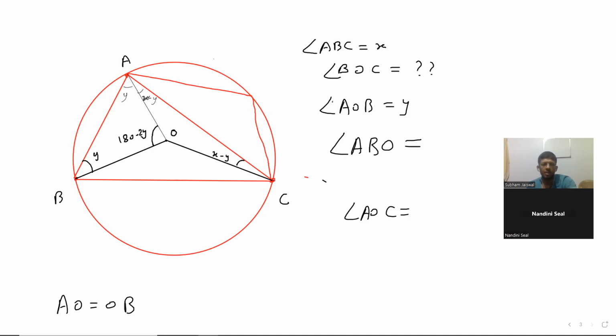So it is also similar, right? So focus on this triangle AOC. This is x minus y. Are the variables causing a problem? x minus y, x minus y.